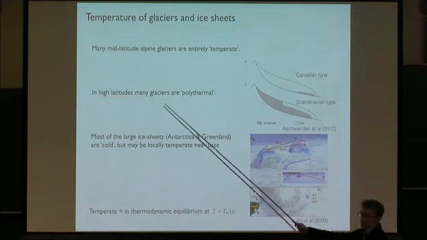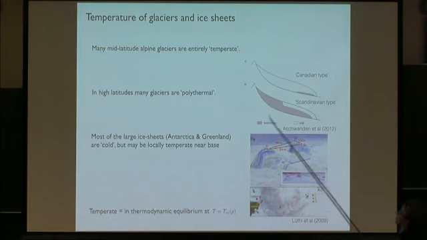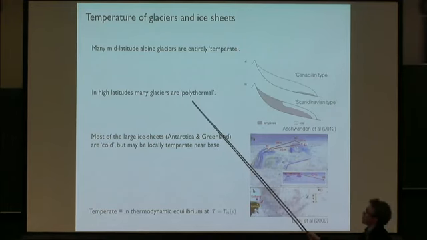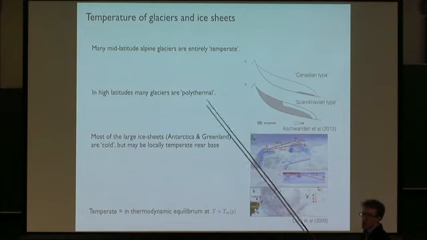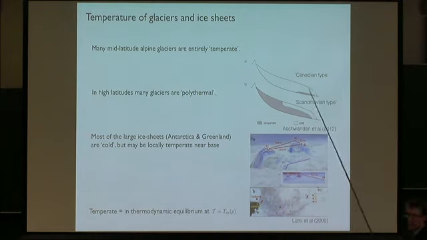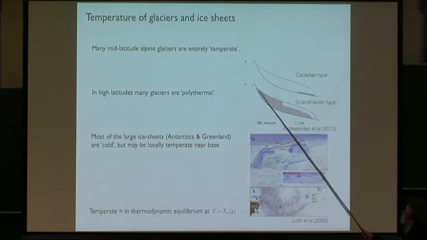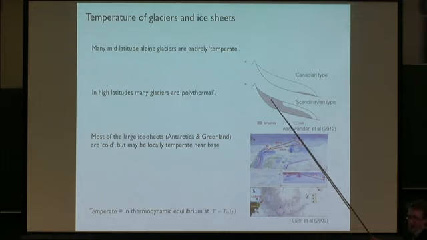If you go to higher latitudes, you find that most of the glaciers are what is termed polythermal, meaning that some of the ice is below the melting point and some of it's at the melting point, and that's shown here. So the grey bits are temperate, that's at the melting point, therefore containing some water. Interestingly, you often find that the temperate region is actually the bit high up, which is slightly counterintuitive.